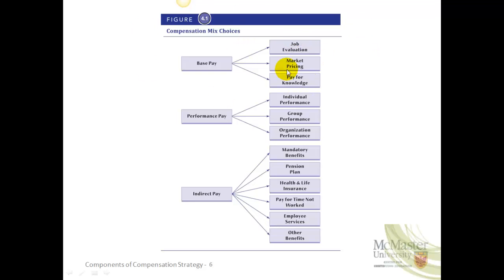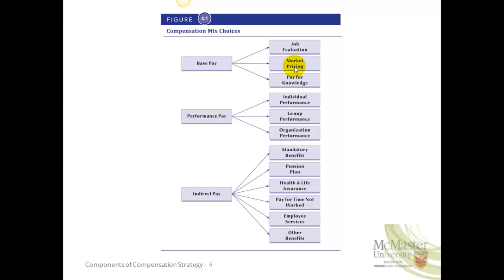So we also want to, in our base pay, look at market pricing. So it's not enough to say, well, I need to make sure I have internal equity. What if you have jobs whereby it's really hard to get certain skill sets in? Maybe certain types of skilled trades or engineering jobs. You may need to pay differently or outside of what your internal equity system tells you.